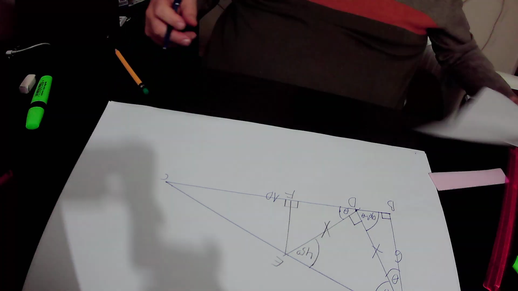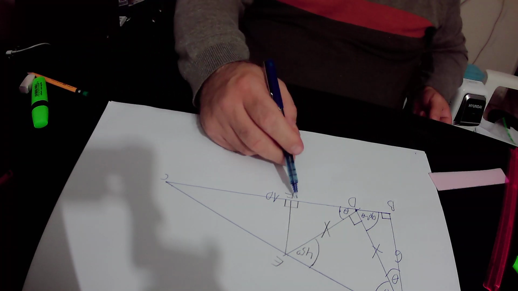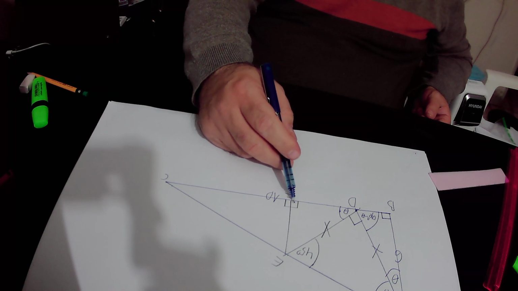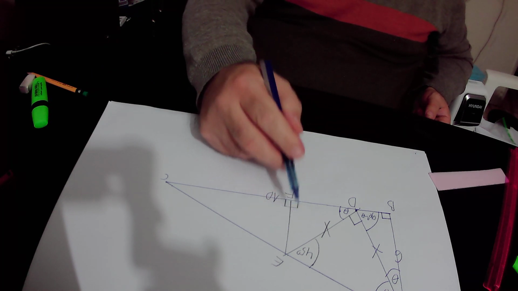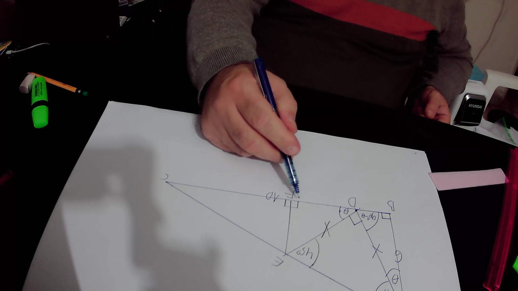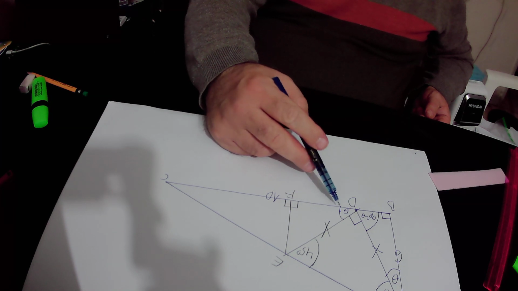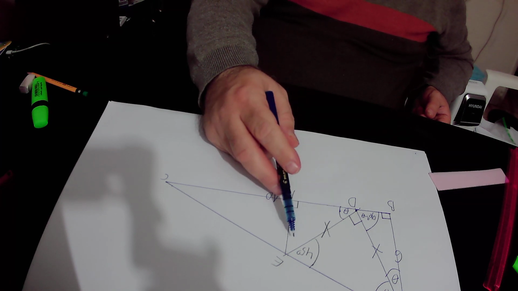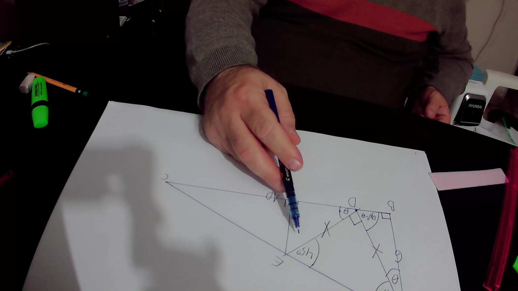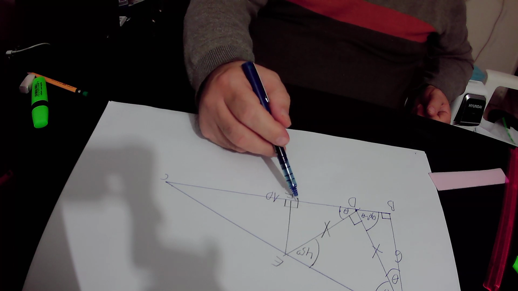So here, in triangle DEF, we have 90 degrees, this is a right angle. So the sum of those two angles must be equal to 90 degrees, because 90 degrees plus 90 degrees is 180 degrees.